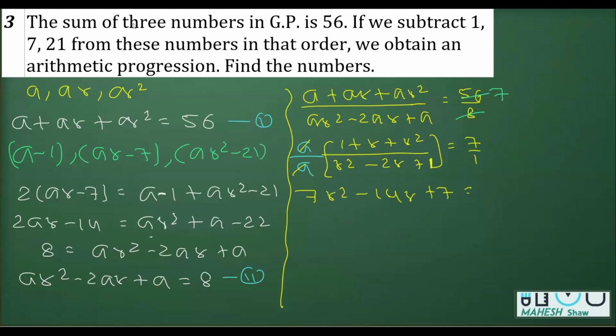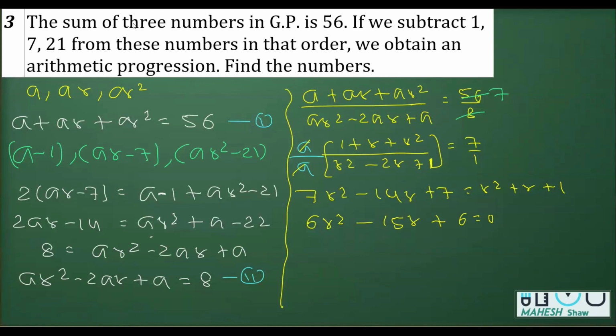On the other side, we have only R square plus R plus 1. So like terms: 7R square minus R square is 6R square, minus 14 and minus 1 gives minus 15R, and 7 minus 1 is 6, equals 0.